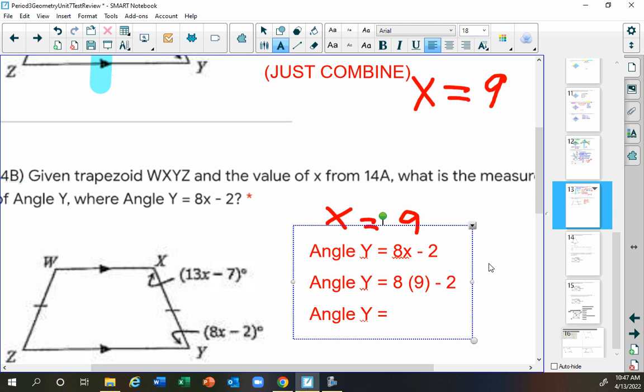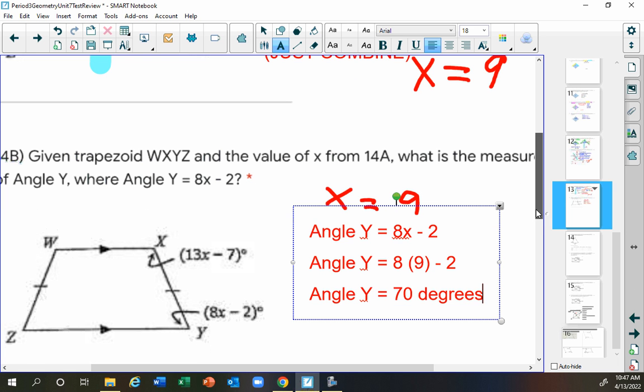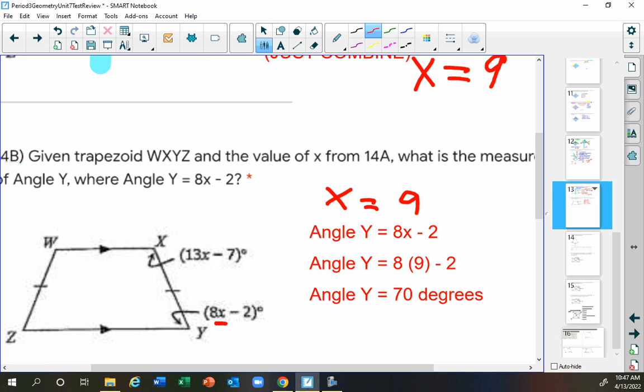Everybody get a value for angle y? Yep. Quite a few of you already had that one. Don't be shy. 70 degrees. And then if need be, angle x would have been 110. Good. So yeah, that would have been 70, 110. All right, good job. Questions?